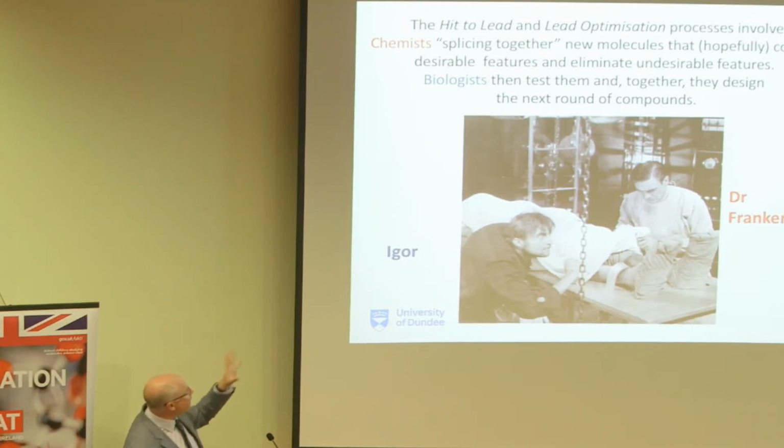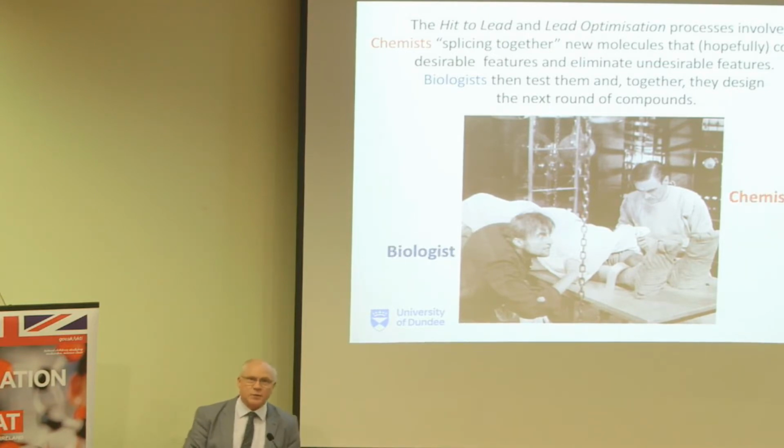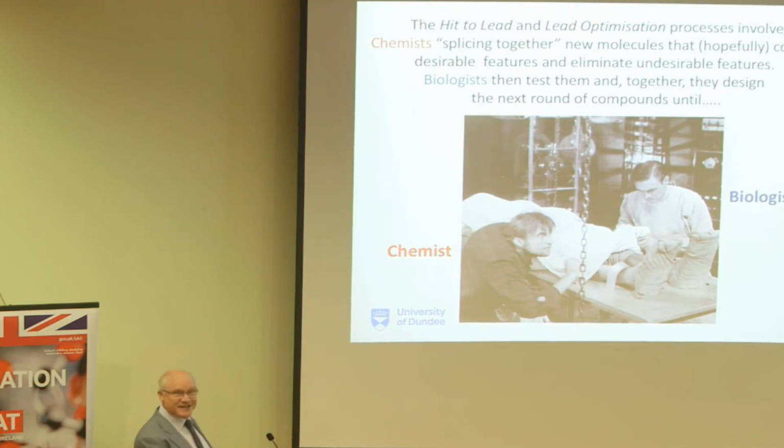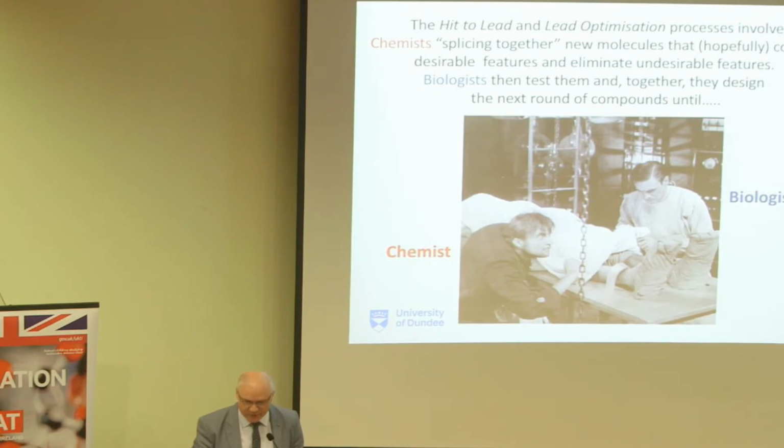And the biologists then test them, and together they optimize and make the perfect medicine. Now, of course, in this team that I show you here, the chemists always see it this way around, with them being Dr. Frankenstein and the biologists being Igor, whereas strangely, the biologists always think that they're Dr. Frankenstein and the chemists are Igor, but the truth is, as with everything, somewhere in between.